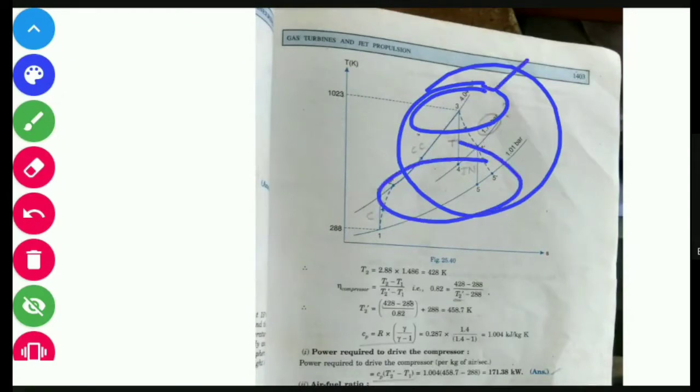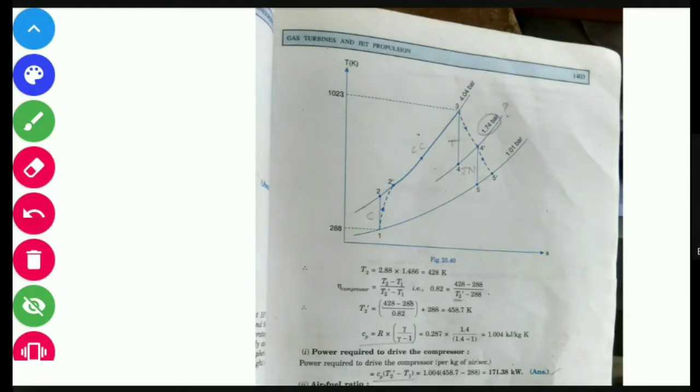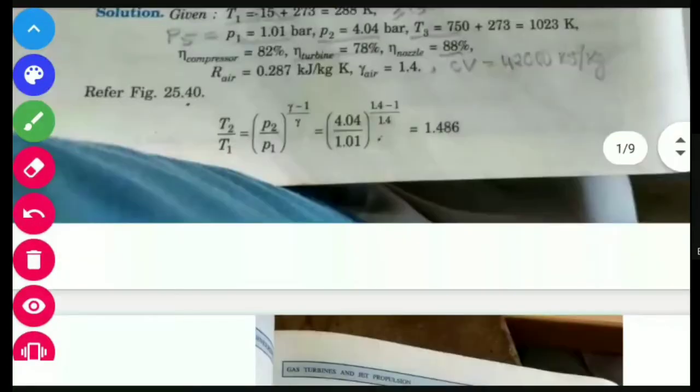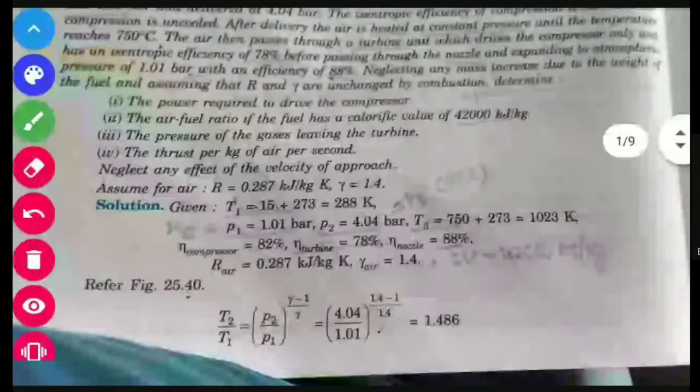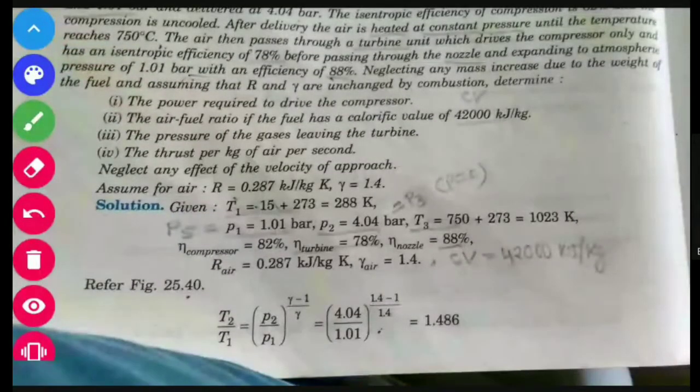This is the entry, this is the exit. That means the exit of the turbine is condition 4. So you have to find out the exhaust pressure at the end of the turbine, that is P4, the pressure of the gas leaving the turbine. Entry is P3, exit is P4.